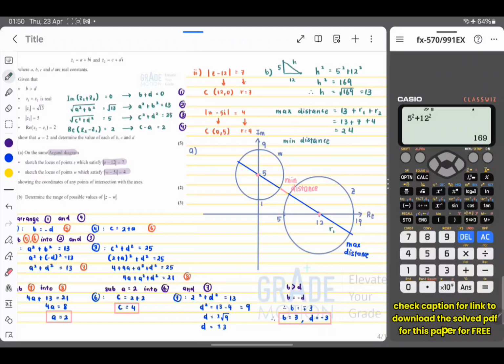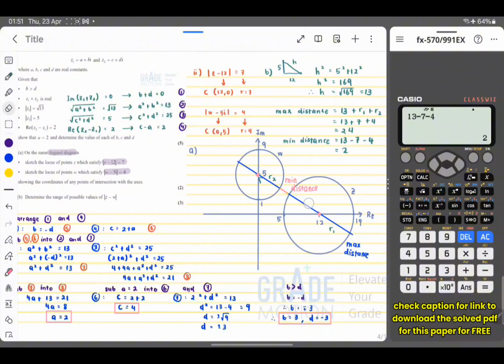Moving on to finding our minimum distance. Our minimum distance would come from the distance between these two centers minus our R1 and R2. Then we will get this small pink dot. So it will be 13 minus 7 minus 4, that equals 2.